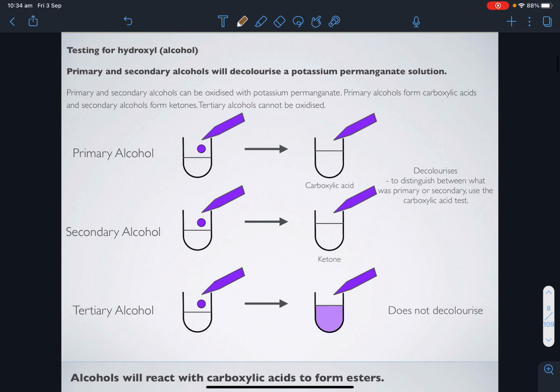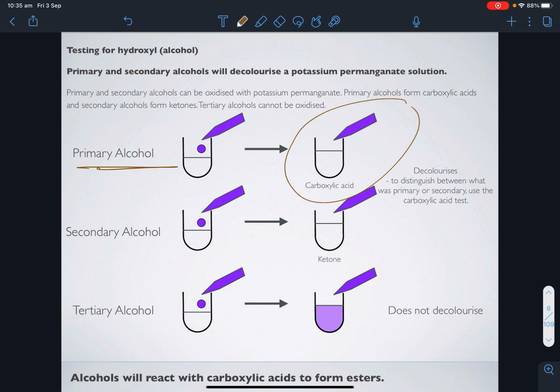The next one is testing for alcohols. Here we're going back to using potassium permanganate, the oxidation of alcohols. Remember, a primary alcohol will oxidize to form first an aldehyde and then all the way to a carboxylic acid.